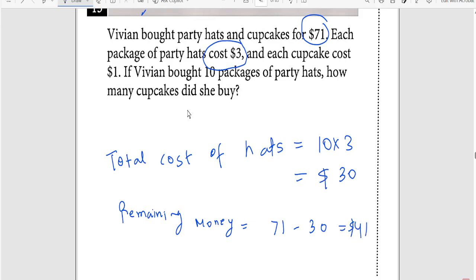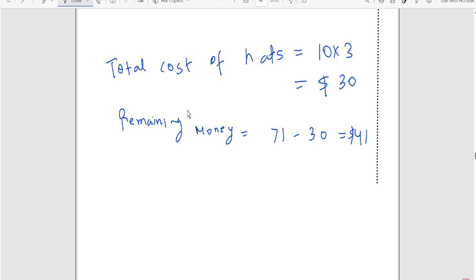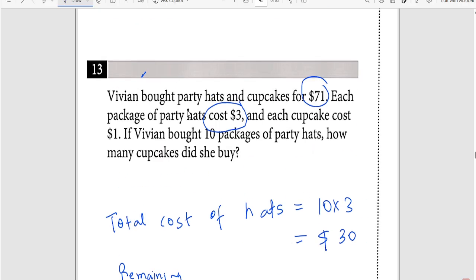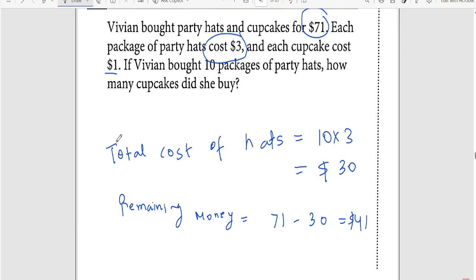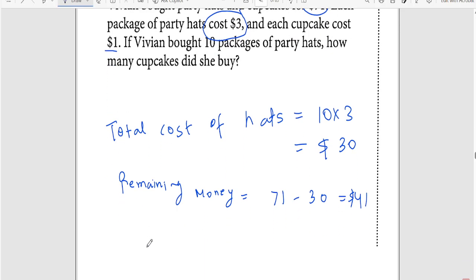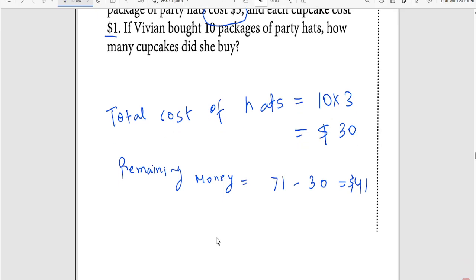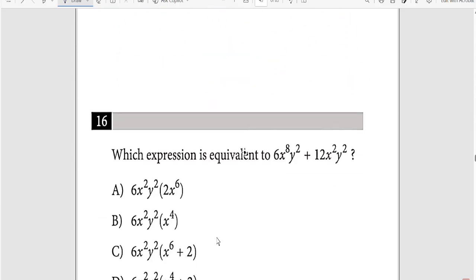Now I can calculate the number of cupcakes bought. Each cupcake costs $1, it says here, and this is the remaining money. So if I divide the remaining money by the cost per cupcake, I will get the number of cupcakes, which is 41. Okay, so she bought 41 cupcakes.